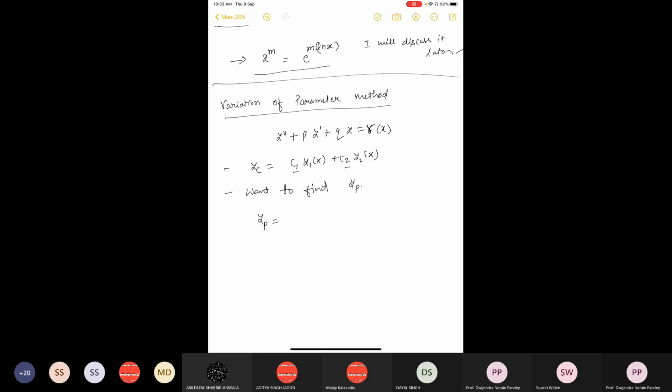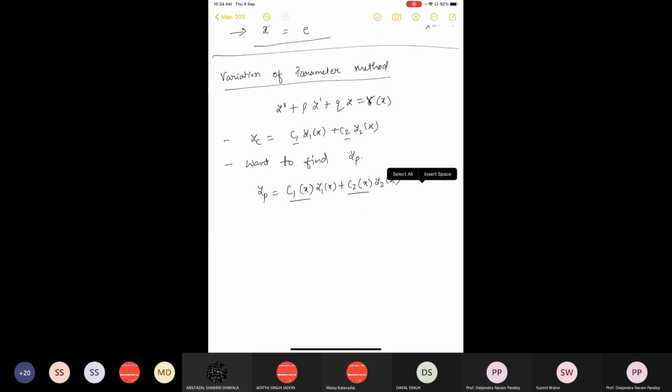Now our thinking is: if I assume c1(x) y1(x) plus c2(x) y2(x), is there any possibility that we can choose two functions c1(x) and c2(x) such that this becomes a particular solution? We have to see whether such a possibility exists or not.